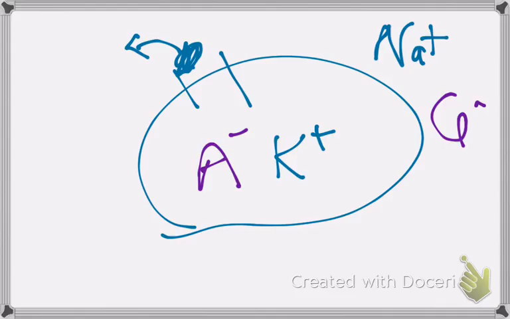So I just opened a sodium-potassium gated channel. Which ion will go through first, or will they go through at the same time? I'm only going to give you about 30 seconds because I just want you to think about it for a sec and then pick. Everybody has to pick a side.